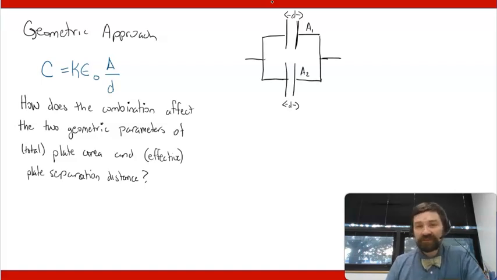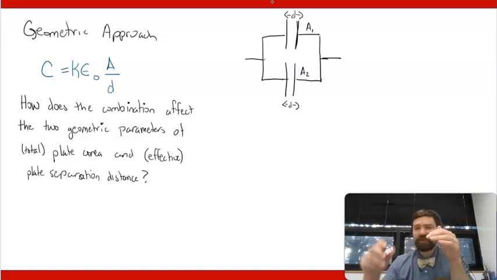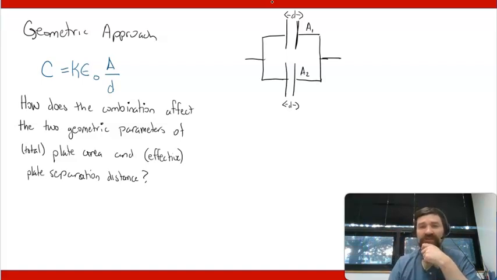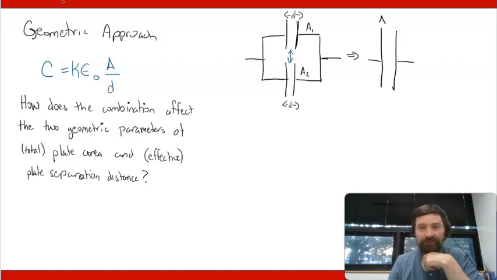Now what that does is, you can imagine taking the two plates and just linking them together. If I were to link these two together, I would end up with a pair of plates that have a total area of A1 plus A2.